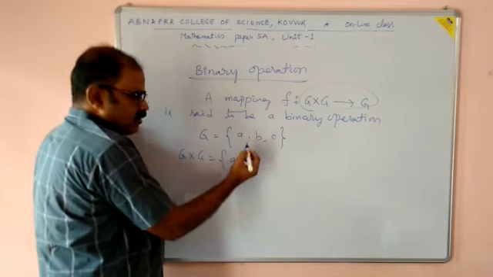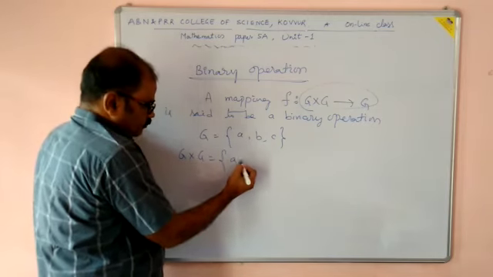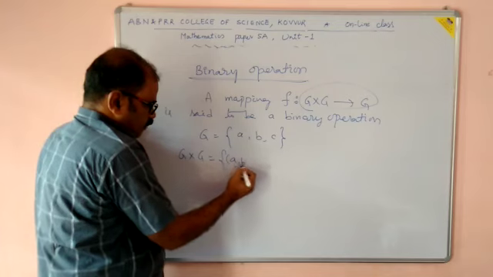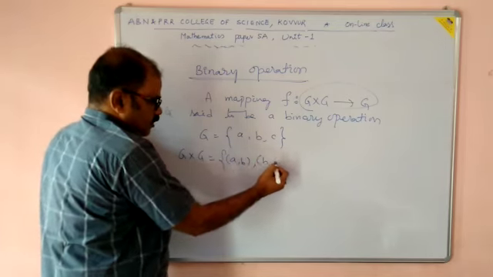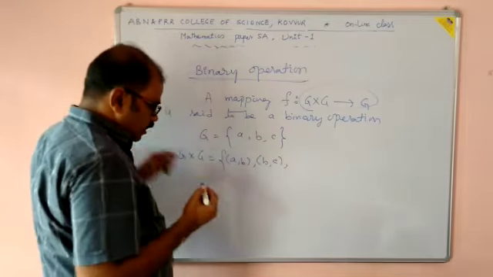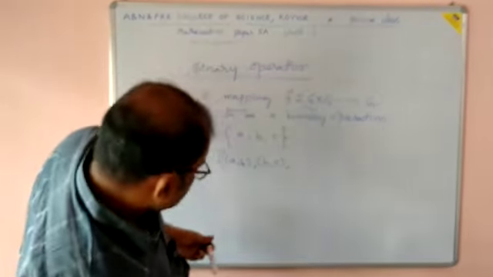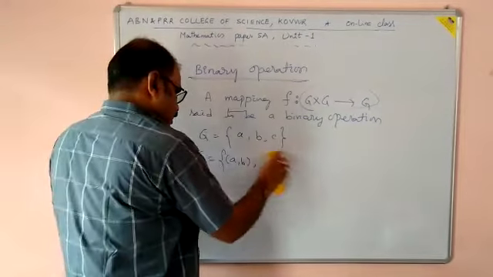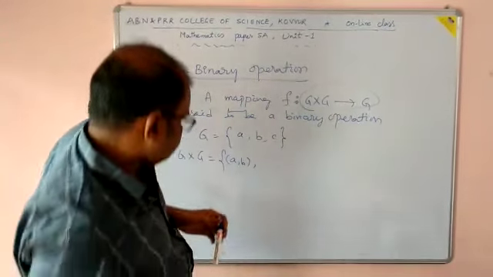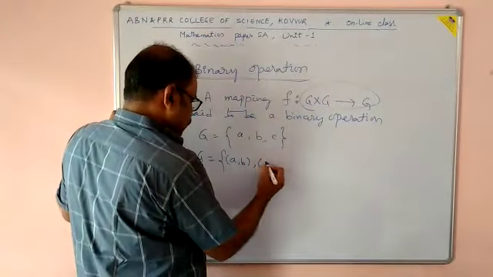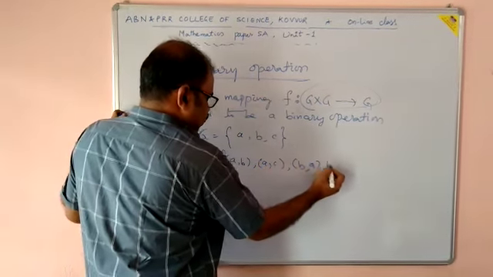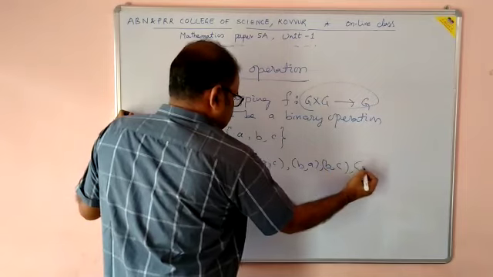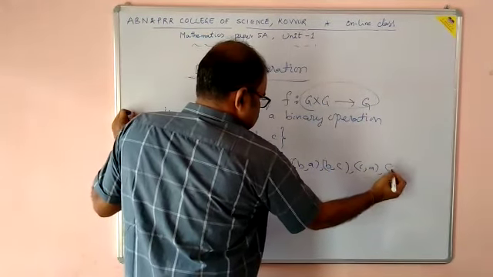All the pairs: (a,a), (a,b), (a,c), (b,a), (b,b), (b,c), (c,a), (c,b), (c,c).